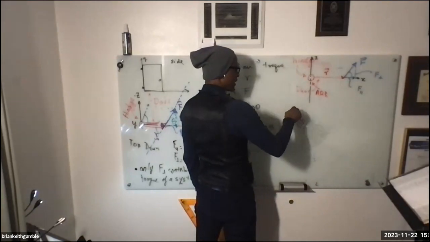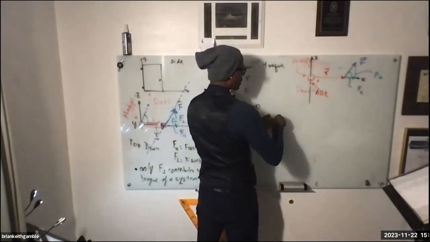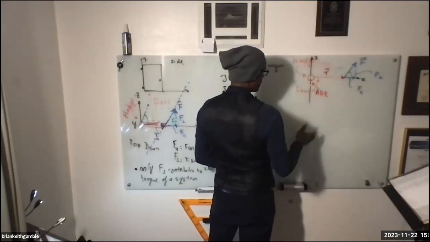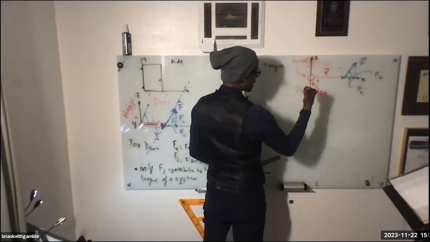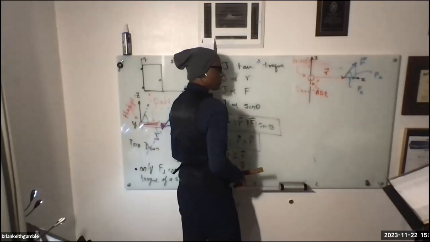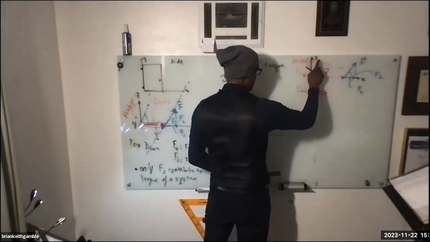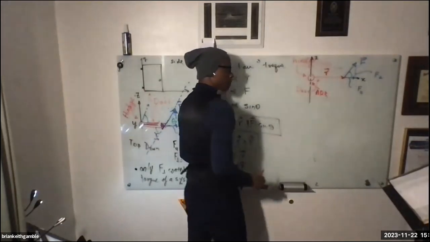Well, it's rotating in the plane of the board. But if I describe the plane, let's use this axis right here that I've used. So up is Z, to the right is X, which means Y must be coming out of the board. So the plane of the rotation is in the X and Z plane.